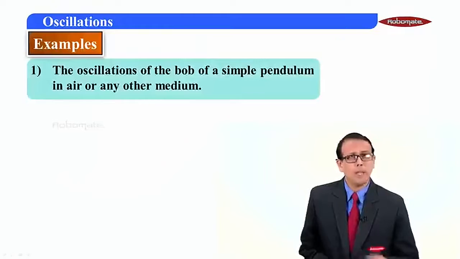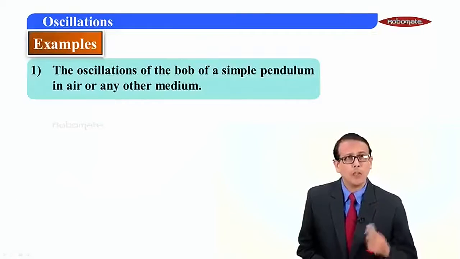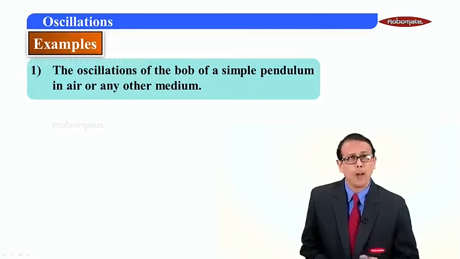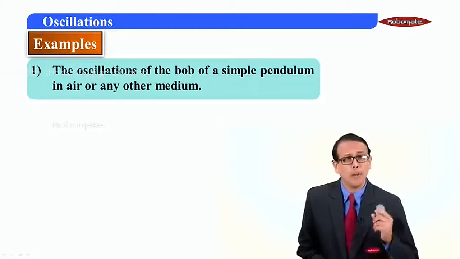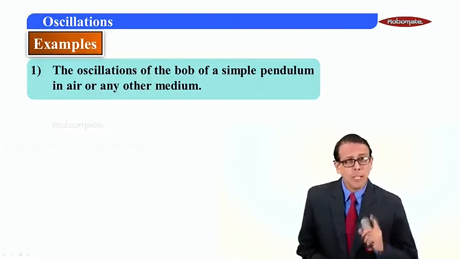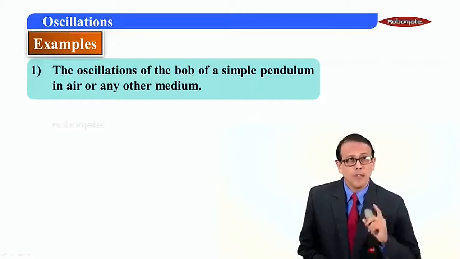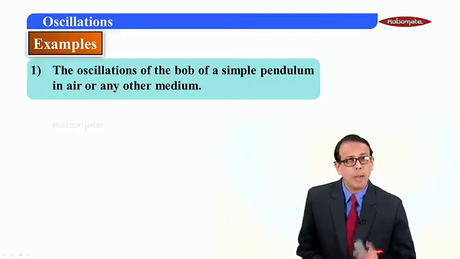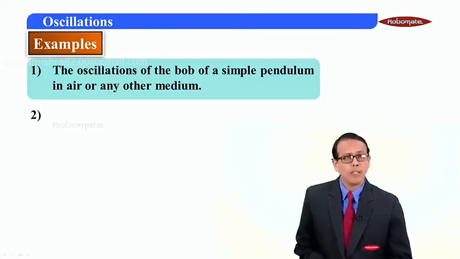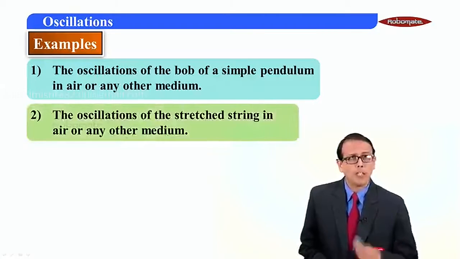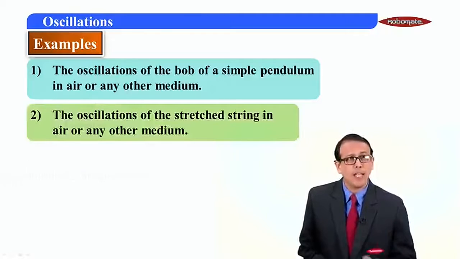Now let's check examples of damped oscillation. The first example that we already saw is the oscillation of the bob of a simple pendulum in air or any other medium. If the same bob is suspended in an evacuated chamber, that means if there is no medium, then it performs undamped oscillation. Likewise, second example, the oscillation of a stretched string in air or any other medium.